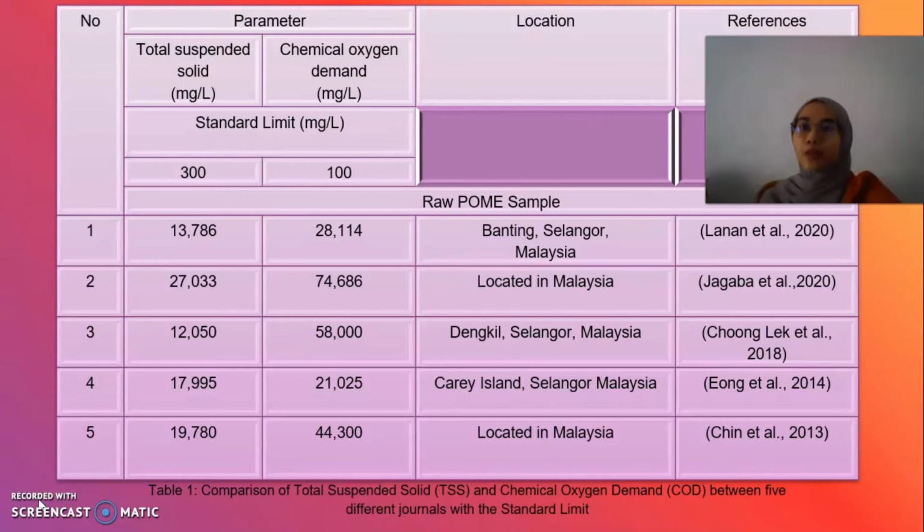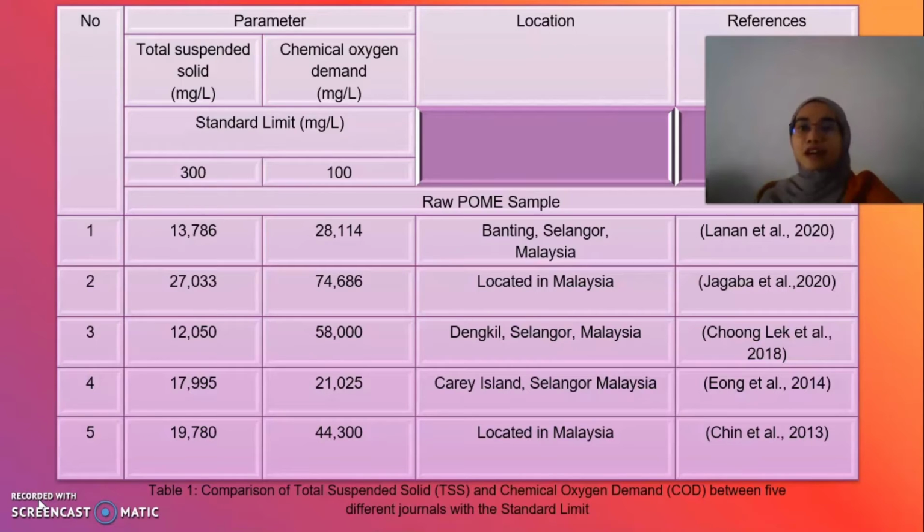The lowest value of total suspended solids is at Banting, which is 13,786.